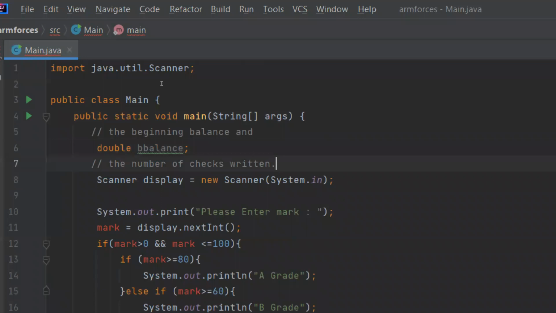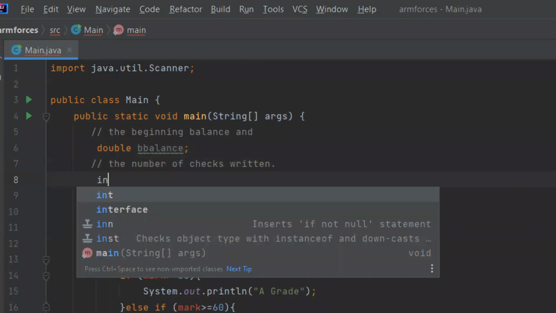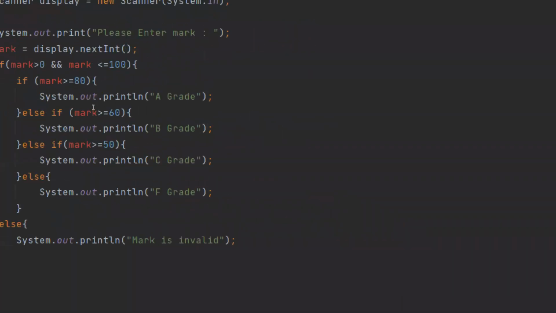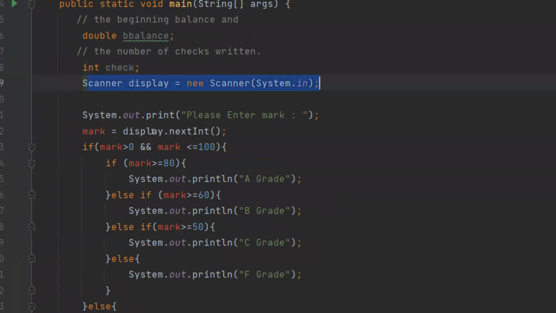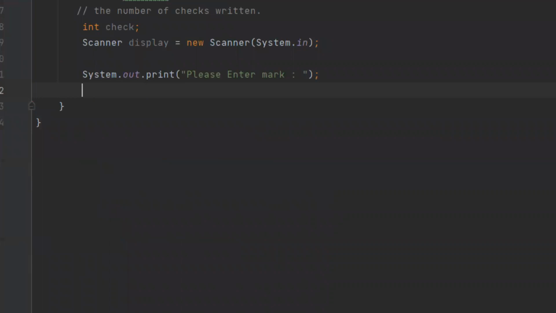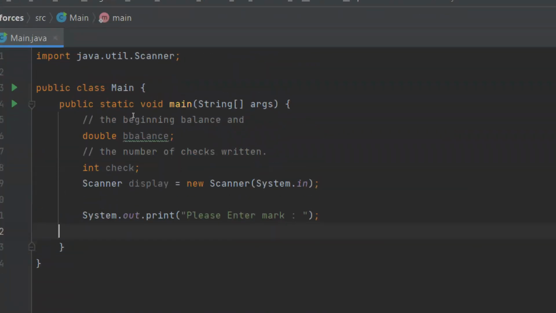And then over here, I'll have my int, because the checks, you write it 1, 2, 3. Don't write it 1.5 check. It's 1, 2, 3, 4, 5, 6 check. So here I'll have my check being what? Int. Of course, I would need the object of the scanner class, because I would ask the user for some pieces of information. But apart from that, I'm good to go.